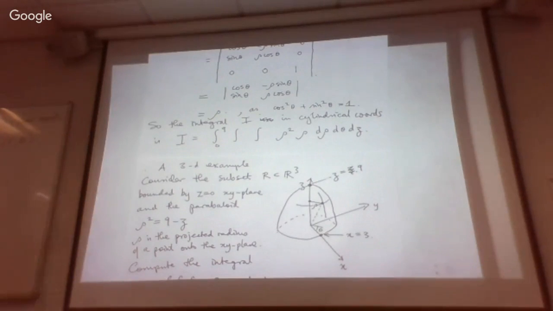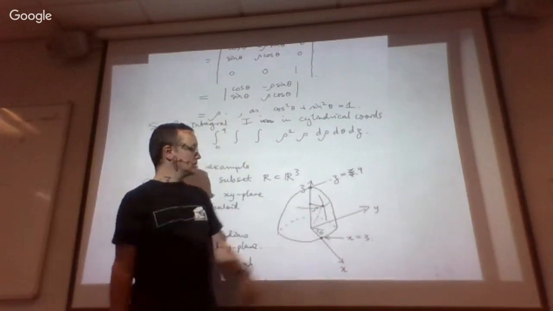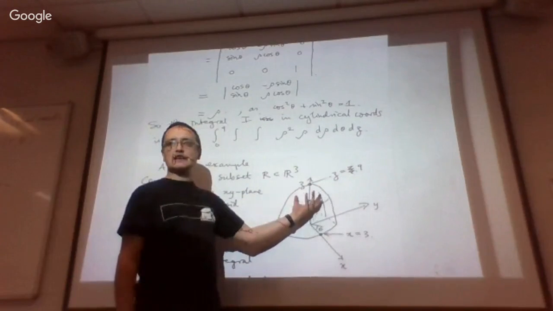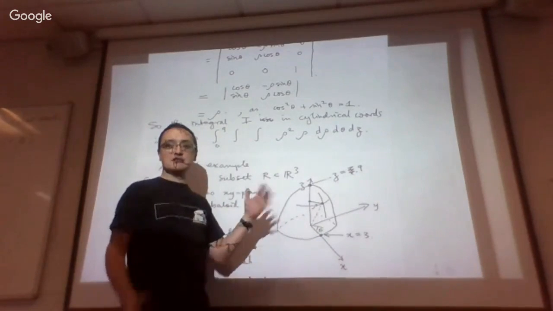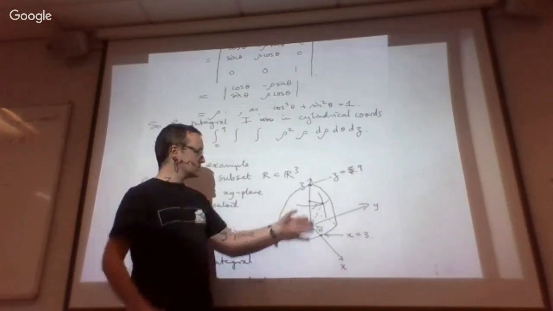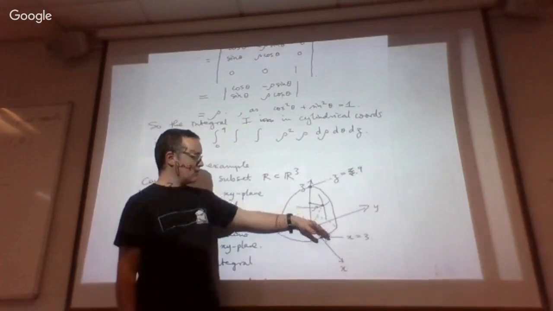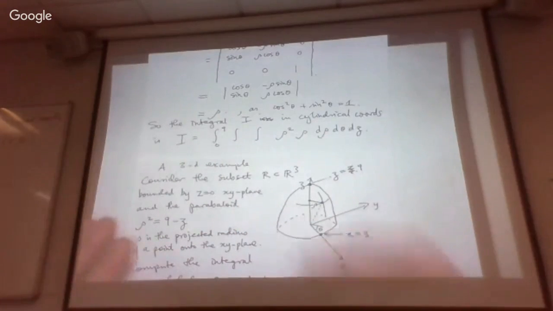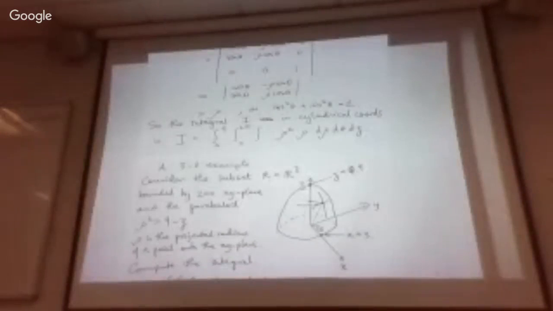Imagine yourself at a certain height, say this height here, where I've drawn the little rho radius. What angles do we need to consider everything inside the bell? We have to consider all angles, because the bell is all around the z-axis. So we need to integrate theta from 0 all the way around to 2 pi.